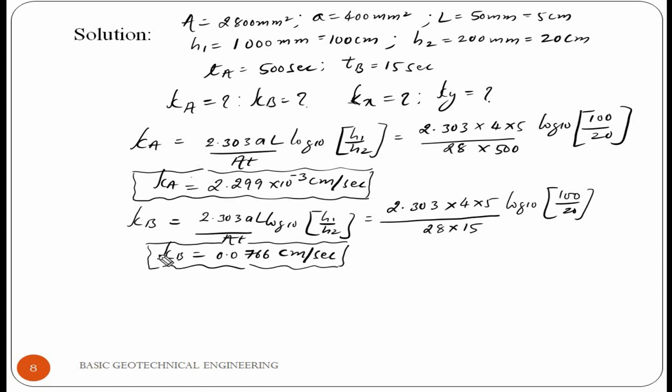Now we have to calculate the average coefficient of permeability parallel and perpendicular to the bedding planes.